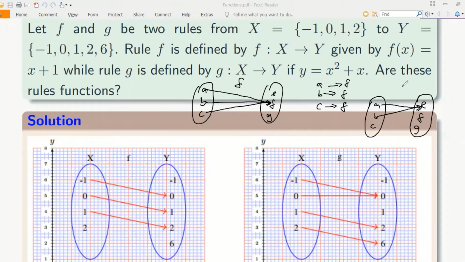I'm just trying to make you understand that definition. Look at this other case.